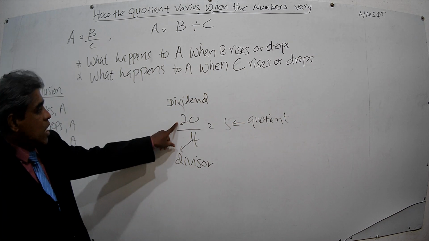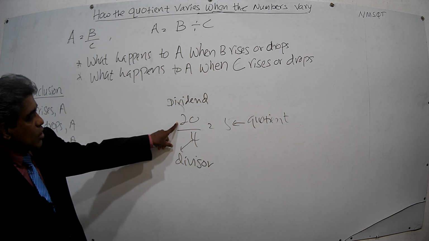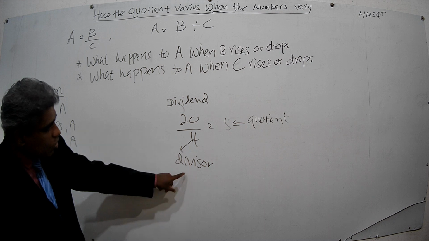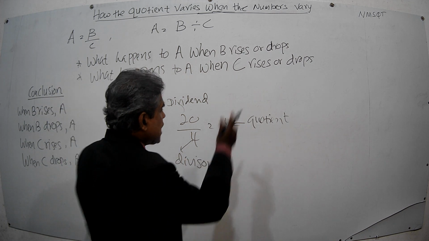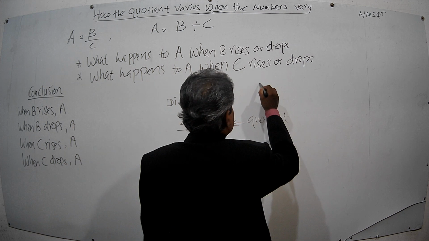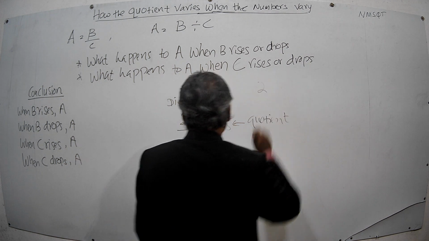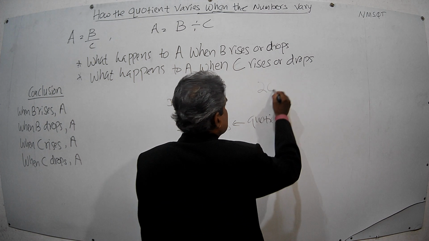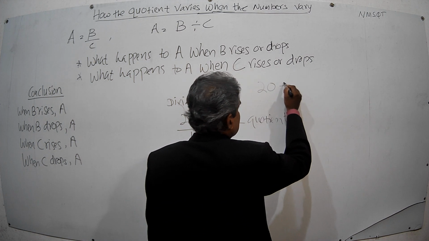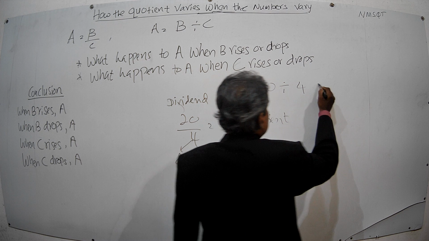This number is called the dividend. This number is called the divisor. This number is called the quotient. This can be written in a different way also, by using the division sign or the fractional notation. Using division notation, 20 divided by 4 equals 5.